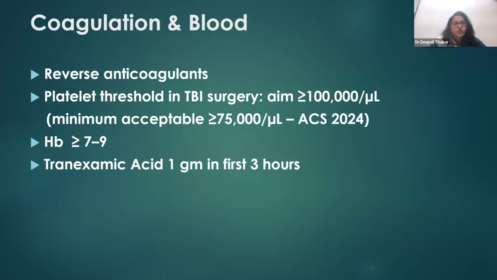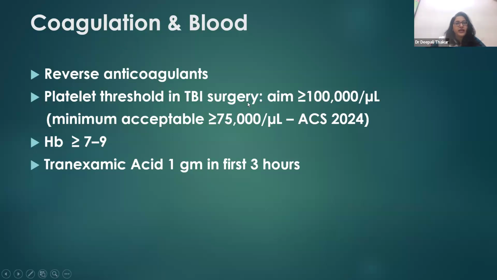Coagulation, coming to coagulation. So trauma, we all are well versed with trauma-induced coagulopathy, but the incidence of coagulopathy in traumatic brain injury is also very high. So reversing anticoagulants in these patients, if the patients are on anticoagulants, you need to reverse it because it is going to increase bleeding.